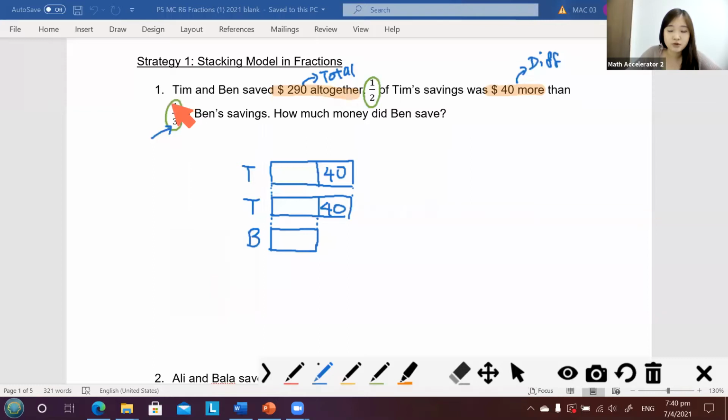We only drew 1 out of 3, which means we have to stack it up and add in another 2 more of Ben. We only drew 1/3 just now, so now add in 2 more. So we have all 3 units out of Ben's savings. This is all of Ben's savings.